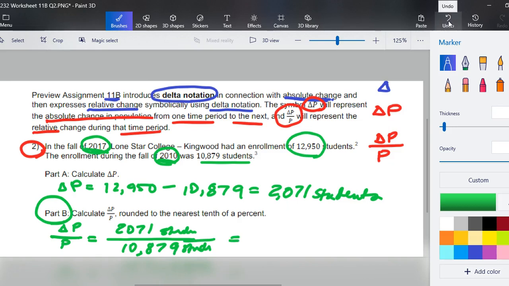We are asked to leave this as a percentage and round it to the nearest tenth of a percent. On my calculator, 2071 is still there, so I'm going to divide it by 10,879, multiply by 100, and round to the nearest tenth of a percent. What I'm seeing is 19 point, and the 3 behind the 0 is not going to make this go up, so 19.0%.